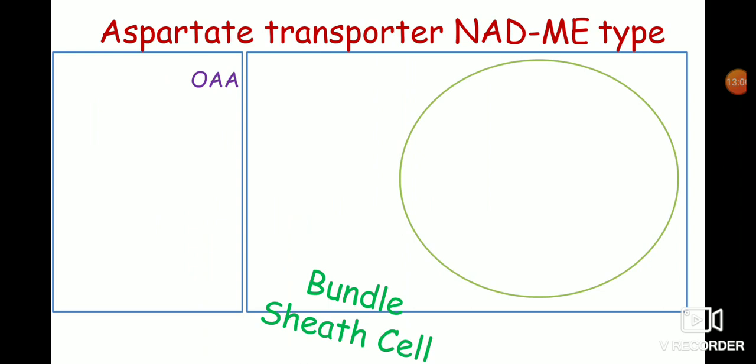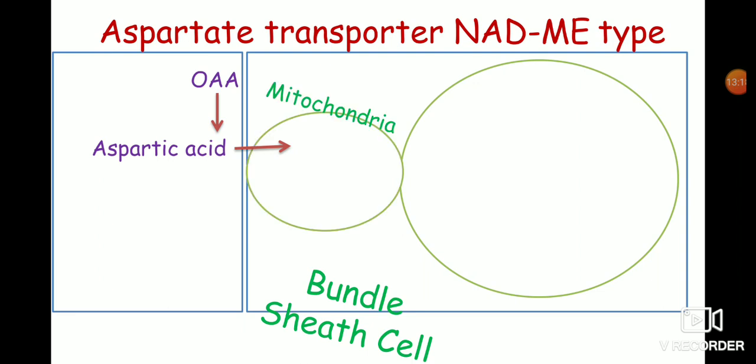First, the NAD-ME type aspartate transporters. So again here the oxaloacetic acid is first converted to aspartic acid, and this aspartic acid moves to the mitochondria of the bundle sheath cell where it gets converted to oxaloacetic acid.